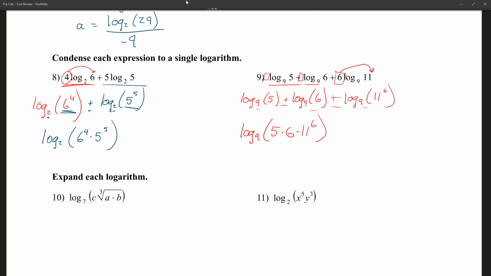Questions on 8 and 9. This is exactly how the quiz will be set up.